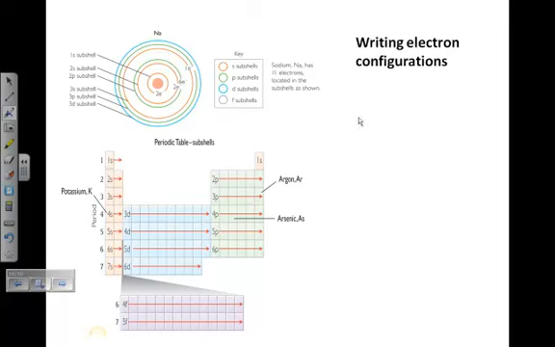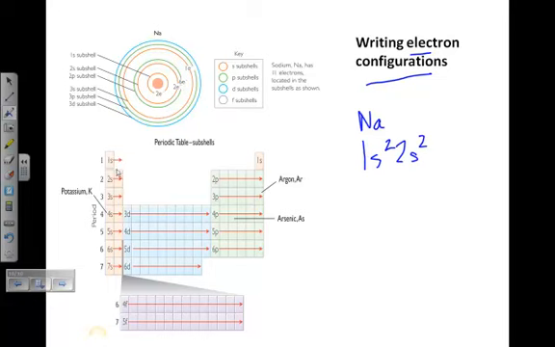So if, for example, we did sodium, its electron configuration would be 1s2, so that's reading the first 2 electrons in the first ring. Then we would go to the second ring and read these 2 electrons, so it would be 2s2, and then travel across here.